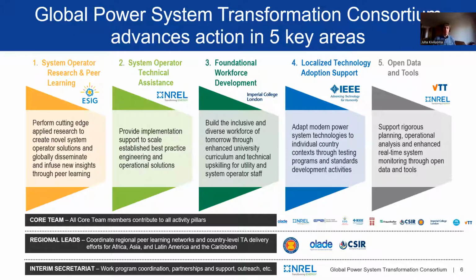The second one scales these to get best practices to the transmission system operators across the world. The third one helps to develop the workforce needed to implement all of this everywhere. And then the fourth one is about adopting technologies in different localities, helping to build standards and such things. And the fifth pillar, our pillar, is about open sourcing data and tools.